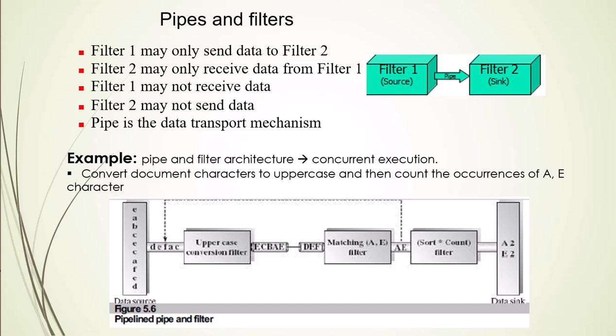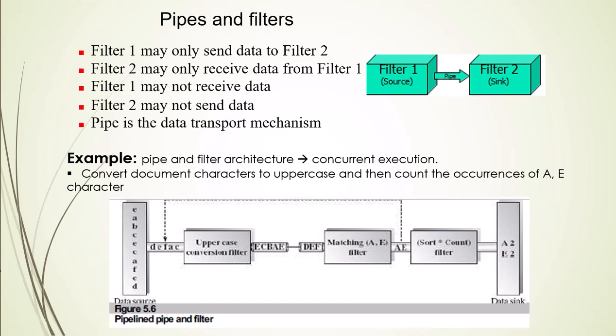An example of pipe and filter architecture: if you want to convert characters to uppercase, you apply the functions, and the data input is in the form of lowercase or a mixture of lowercase and uppercase. The filter will process and convert it to uppercase, then move it toward another subcomponent, which is matching.